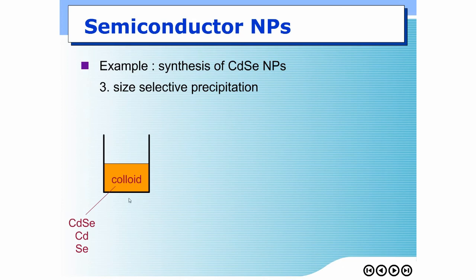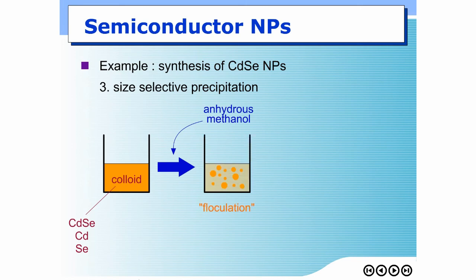The third step is called selective precipitation, size selective precipitation. So at this point, even though we end up with the particles with roughly the same size, it's not perfectly the same size. In this case, you may have the product that we want, cadmium selenide. You may also have cadmium itself and selenium itself. That is, that both of them are undesirable. If we add methanol in these systems, what we induce is what we call flocculation. Okay, so particles will be loosely agglomerated, forming a flock.